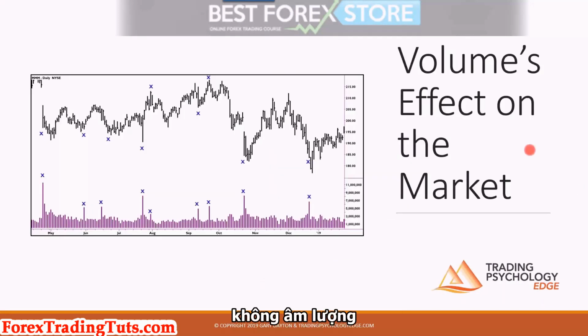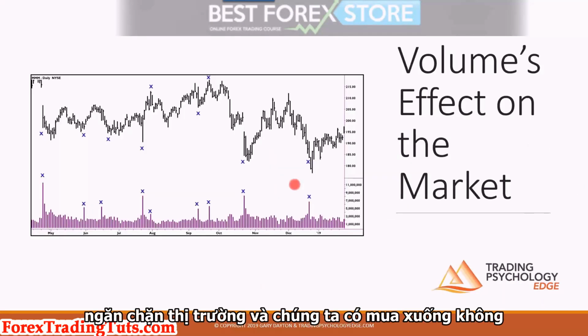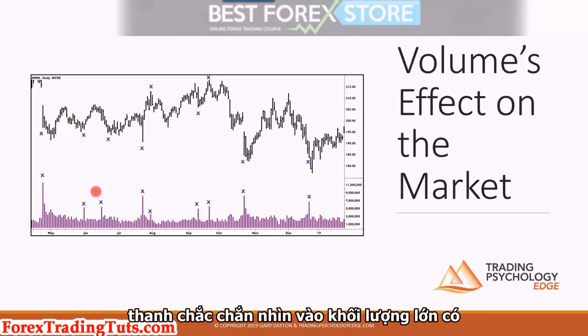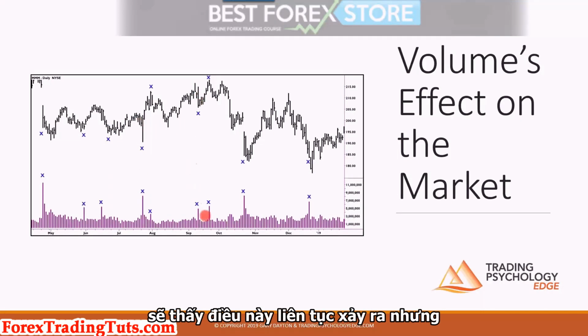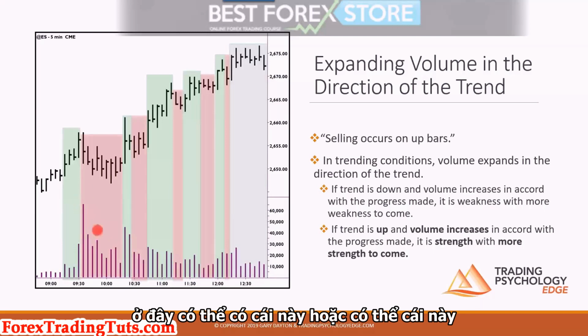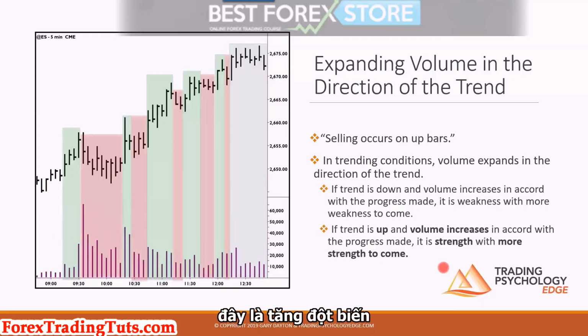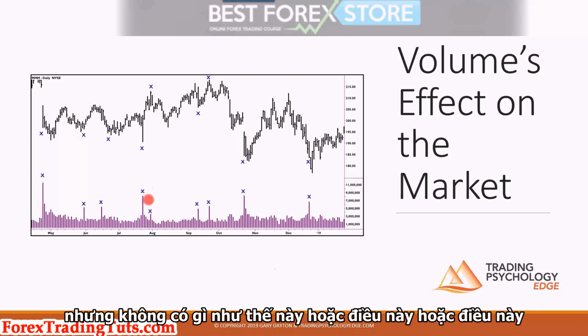Does volume stop the market? And do we buy on down bars? Sure, look at high volume. There's buying going on. Check this out on your own charts. You will see this constantly happening. But notice the volume we were looking at here. There might be this, or maybe this here spikes up, but nothing like this, or this, or this.